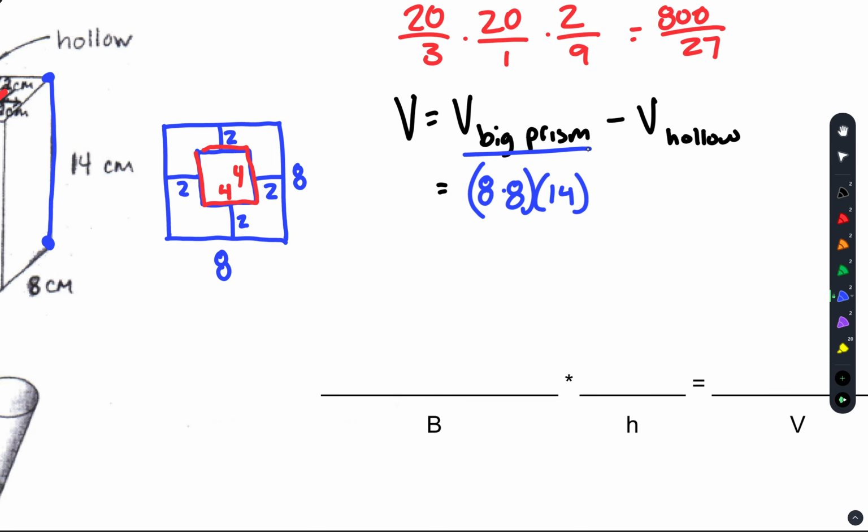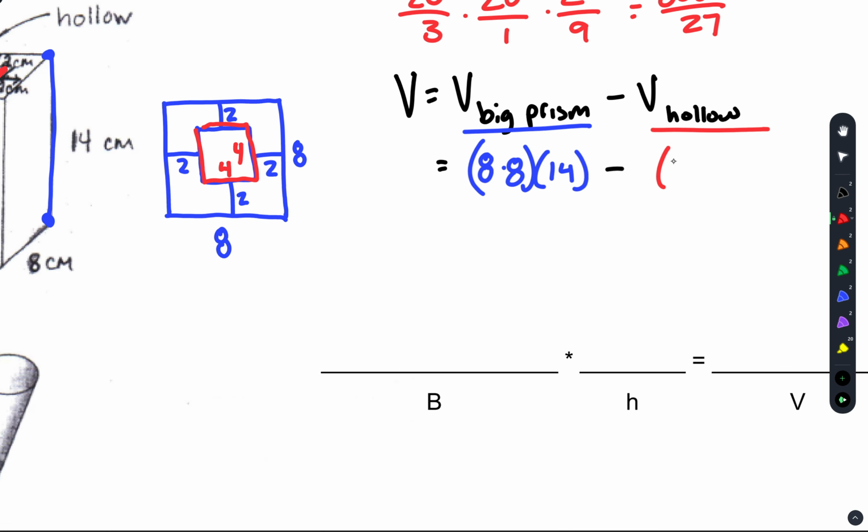That's the volume of this big prism. Minus the volume of the hollow shape, which is a 4x4 base with the same height. It goes all the way through. 8x8 times 14 minus 4x4 times 14. It's going to get us a pretty nice number. It's going to be 672.